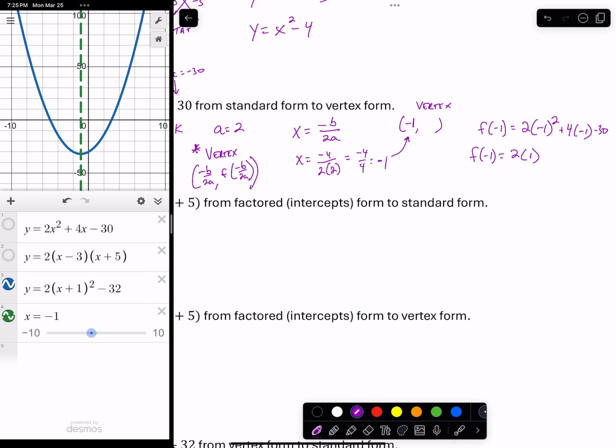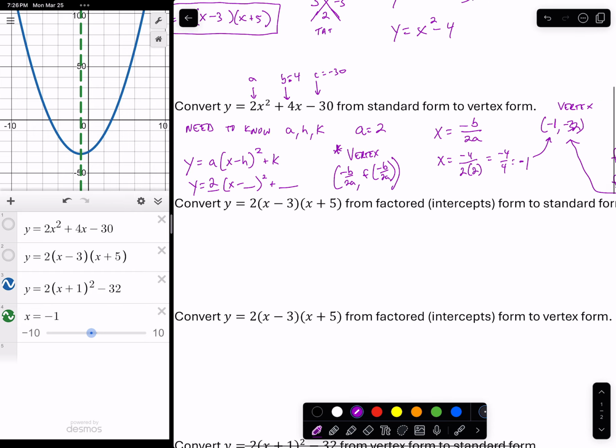So actually, we'll go minus 4 minus 30. So f of negative 1 is 2 minus 4 minus 30, which equals negative 32. So then that becomes the y-coordinate of the vertex, negative 32.